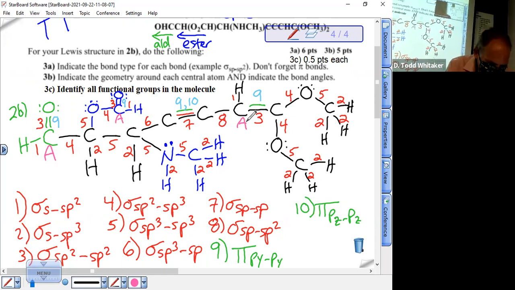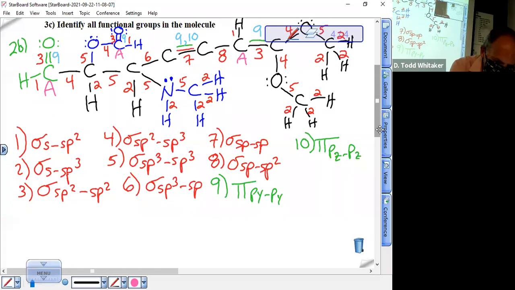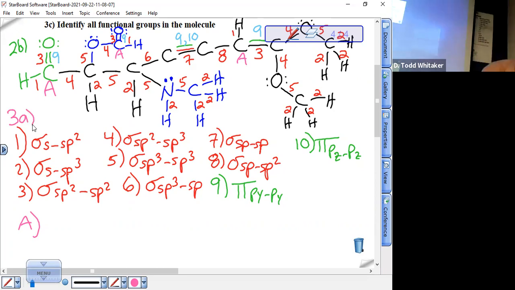Those are all sp2 carbons, aren't they? Let's see. I need to see my molecule. Don't need to see my face. And if you're keeping track, that was 3A. And now we're doing 3B.